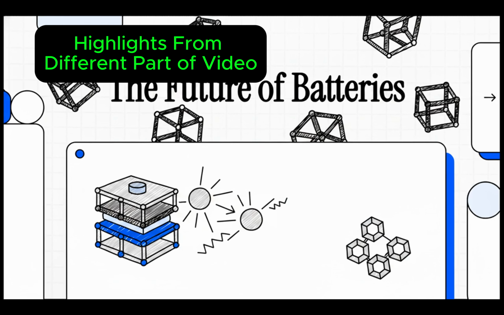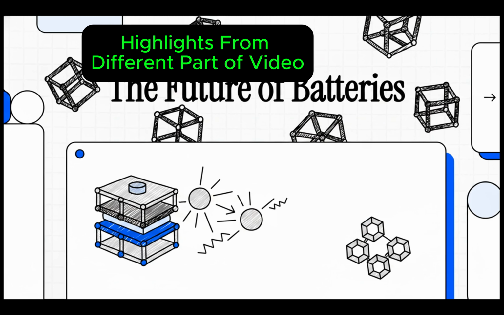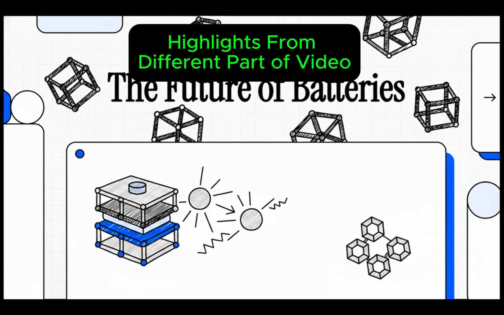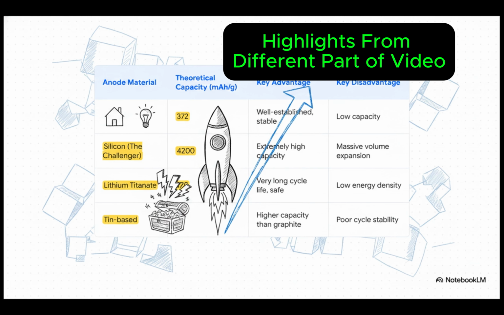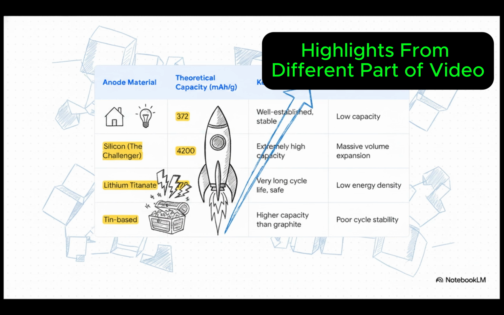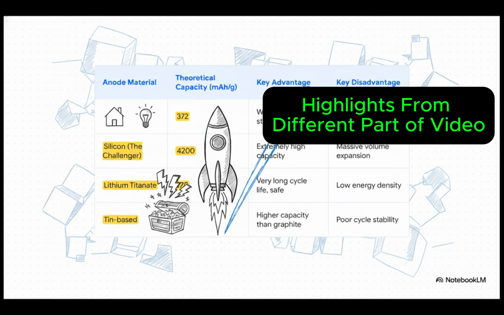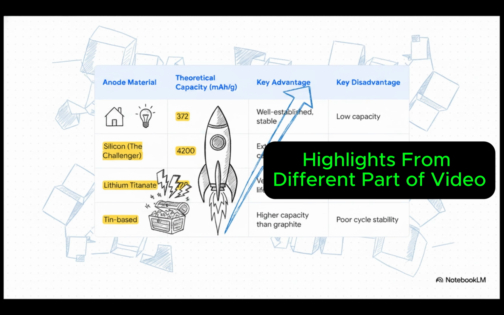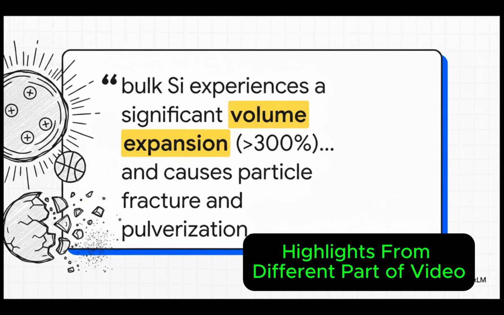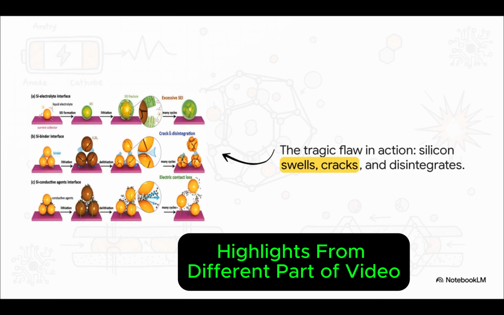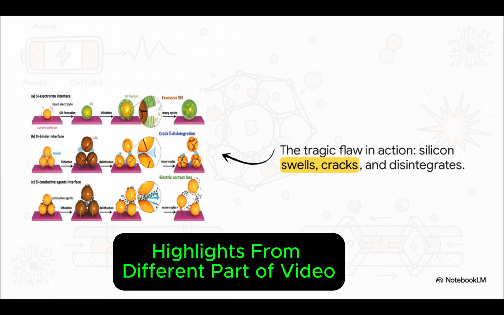Today, we're diving into something that could change, well, everything. It's a huge breakthrough in battery technology at the challenger, silicon, over 4,200. I mean, that's not just a little better, that's more than 10 times the energy storage potential. And that is why silicon has been the holy grail for batteries, basically killing the battery after only a handful of charges. And this diagram from the paper just illustrates that self-destruction perfectly.